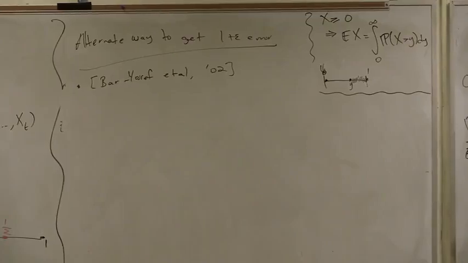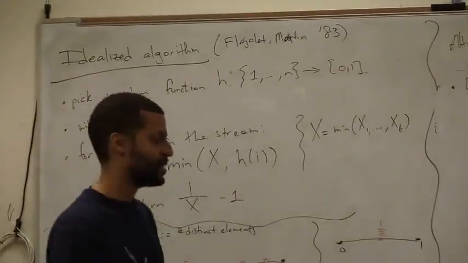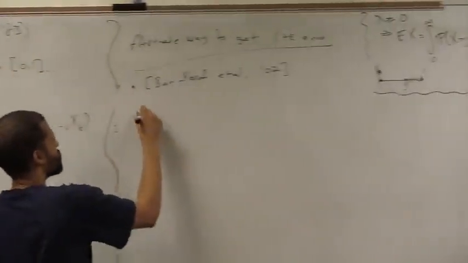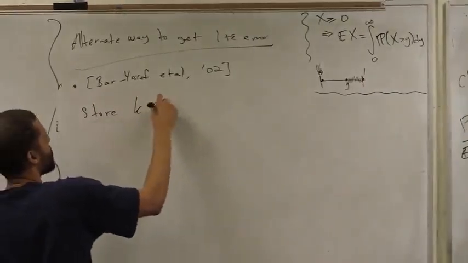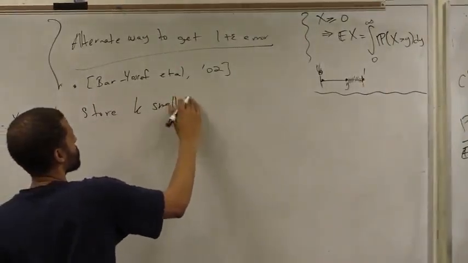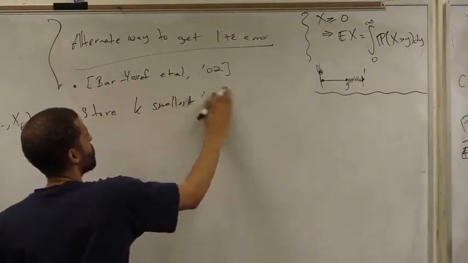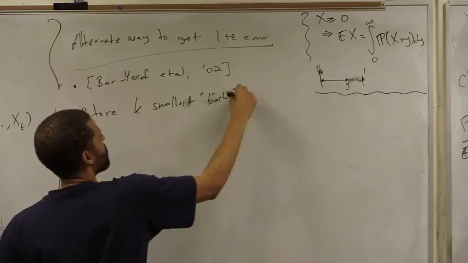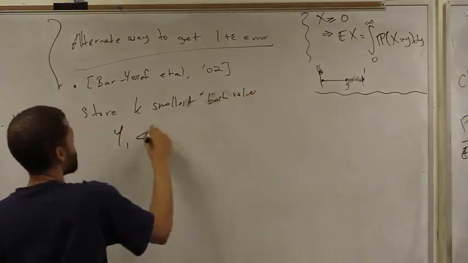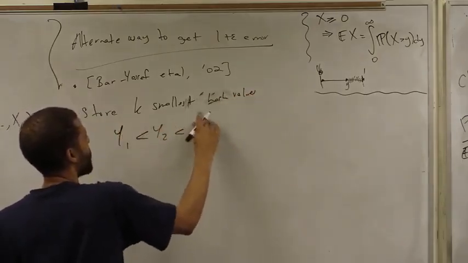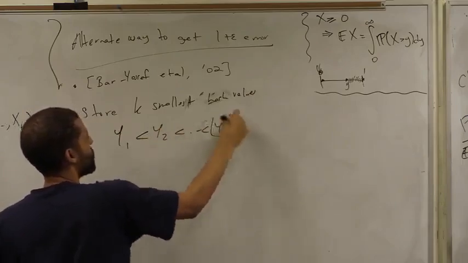But let's try to store not just the smallest, but the kth smallest hash value. So that's going to use k memory. So store the k smallest hash values. Call them y1 is less than y2 is less than yk. So this is the kth smallest hash value.